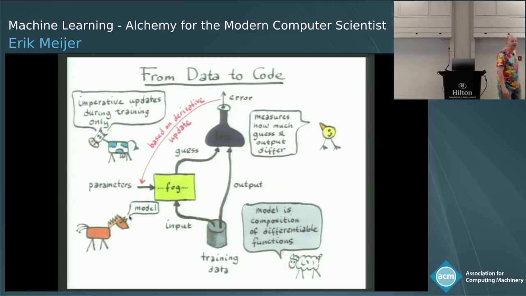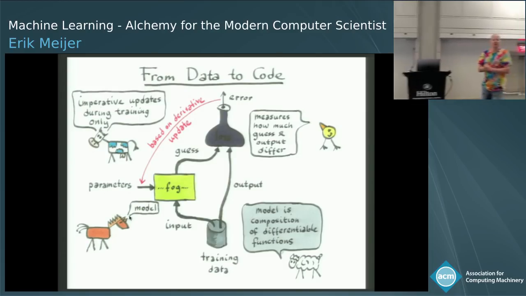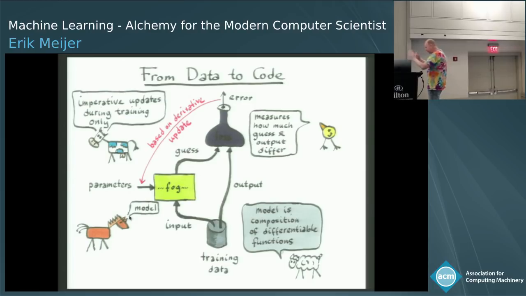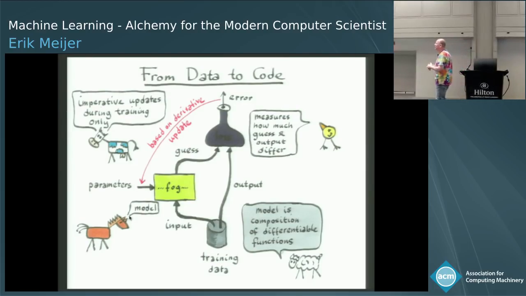So here's how we can implement this magic machine that turns data into code. We define a composition of functions. If all these functions are differentiable, we know if we implement them using dual numbers that use CPS, that we can find the derivatives automatically.